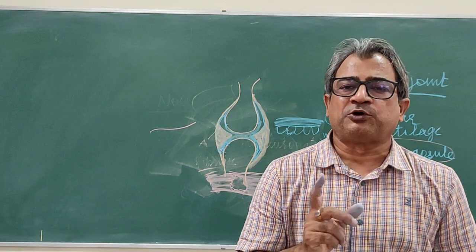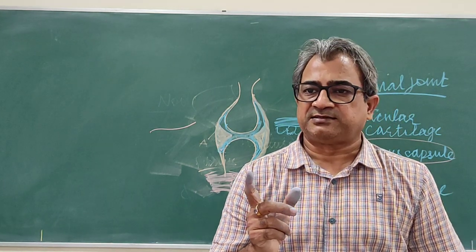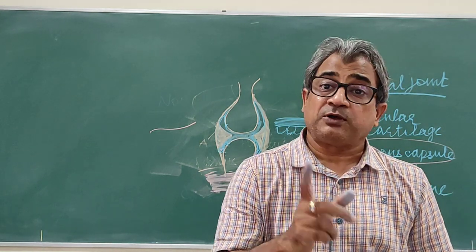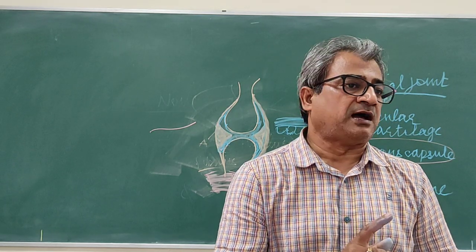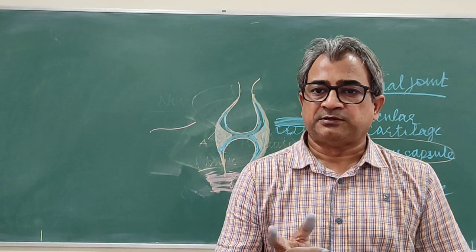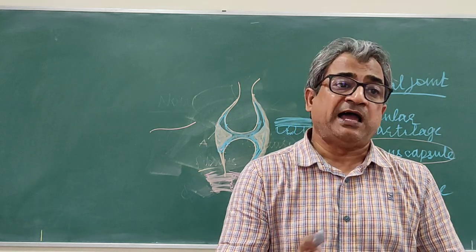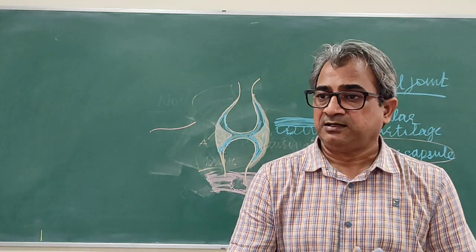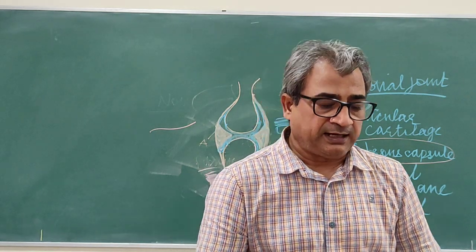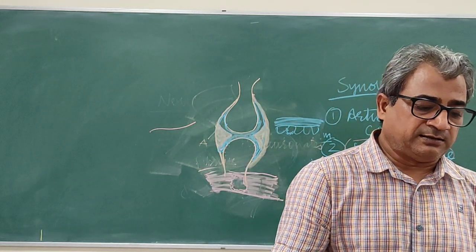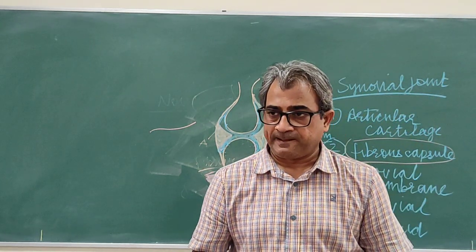Those earlier ones were sulfated proteoglycans, keratan sulfate and chondroitin sulfate. These are non-sulfated: N-acetyl glucosamine, glucuronic acid. Even hyaluronic acid is a non-sulfated proteoglycan. So these are present in the synovial fluid, right?